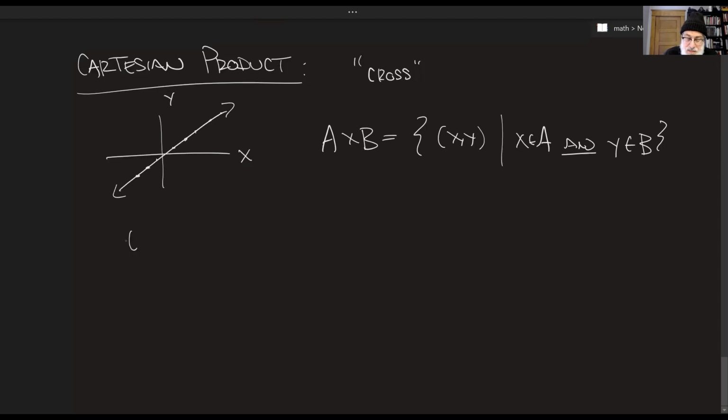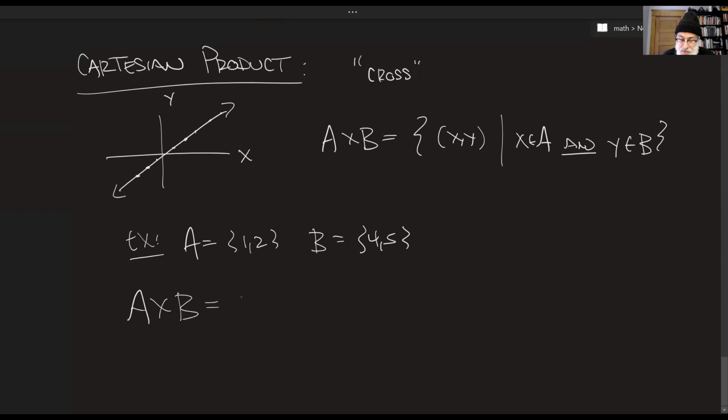So again, an example, let's let A equal 1 and 2. I don't want it to be too big, and for that, you'll see why. And B to be 4, 5. So A cross B is going to be a collection, again, of ordered pairs XY. We call them ordered because the first coordinate is from A, the second coordinate's from B. And so we do that.